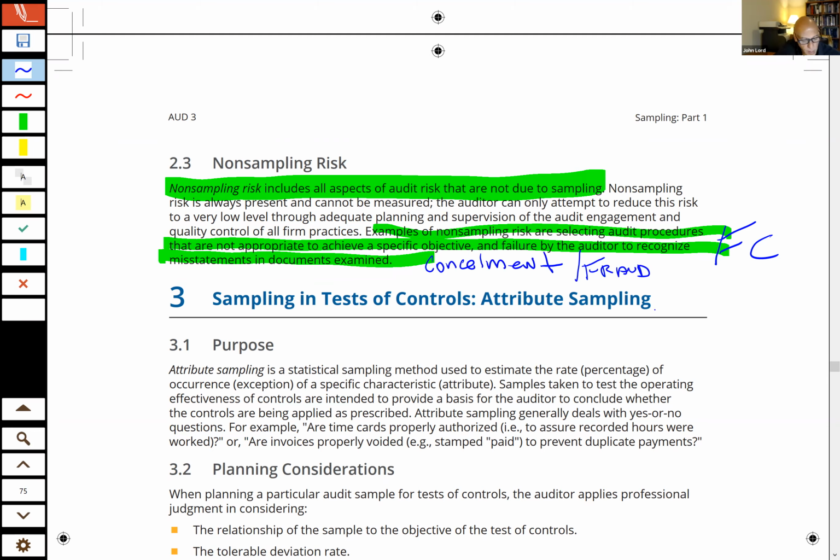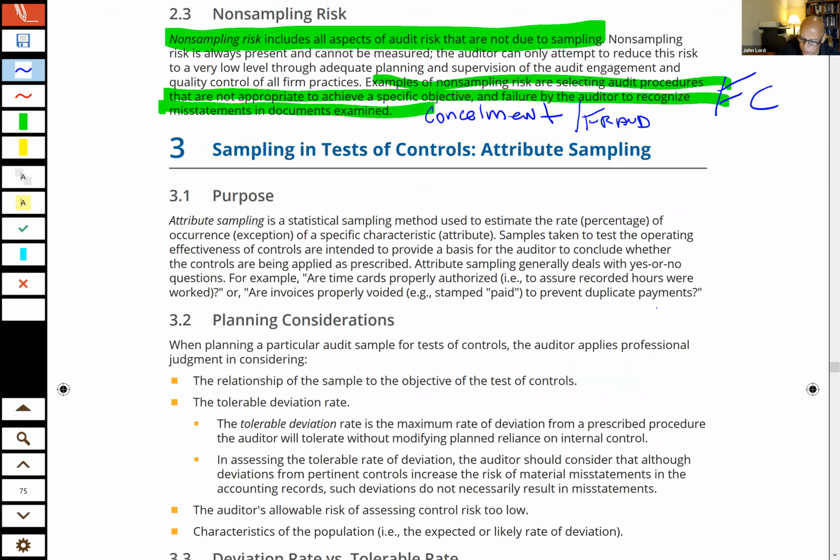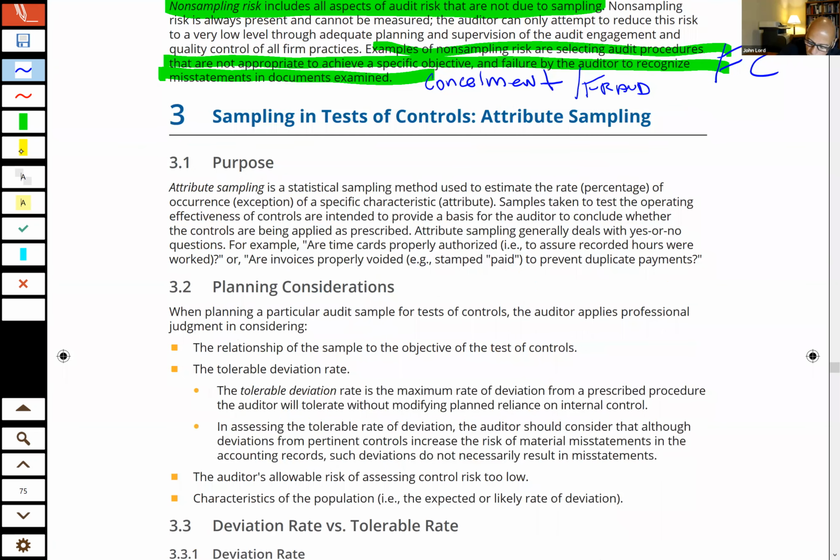Now, as we've said, we use attribute sampling for our test of controls. Attribute sampling really is a yes or no question. Did the supervisor sign the time card? Does the sales invoice have a credit approval, whatever, right? So that's what we're going to use attribute sampling for.